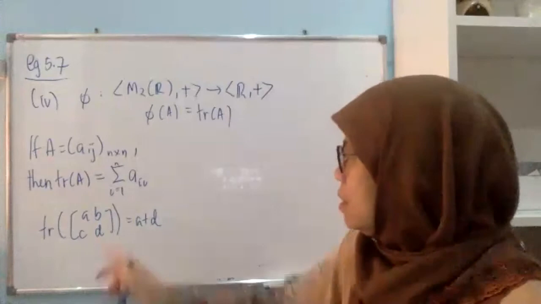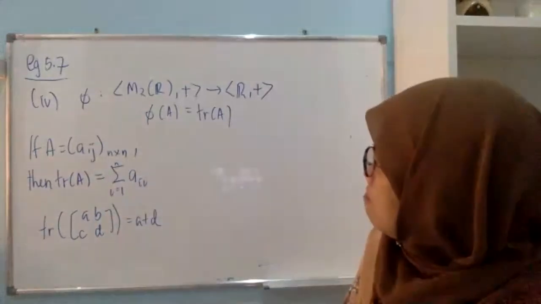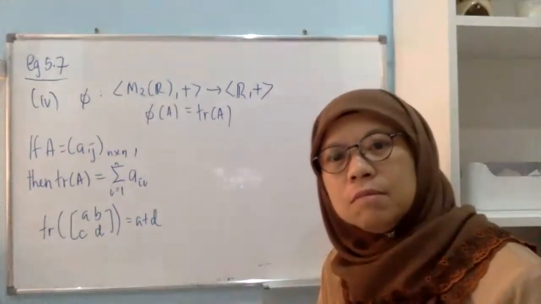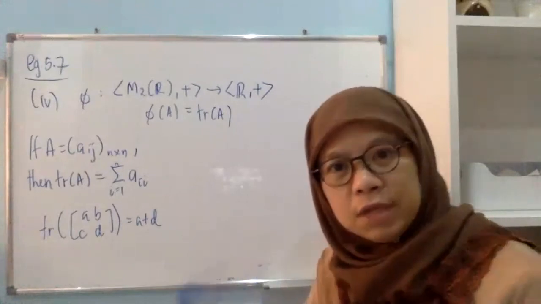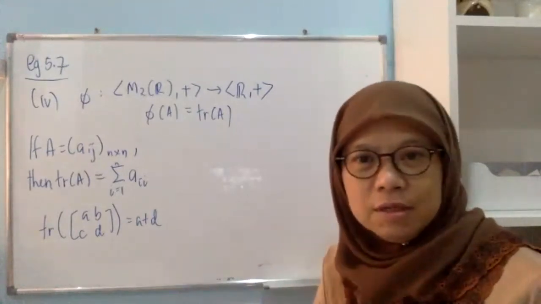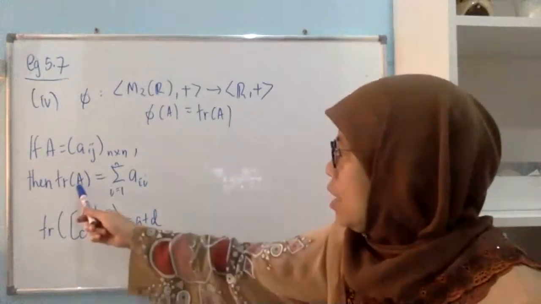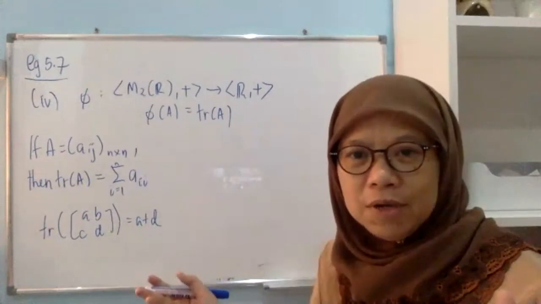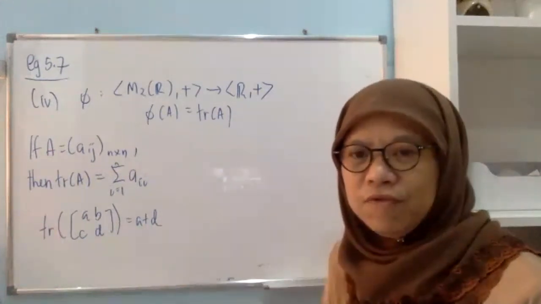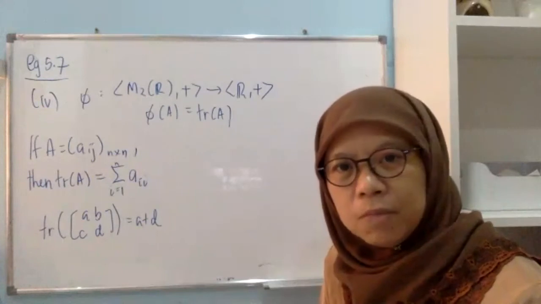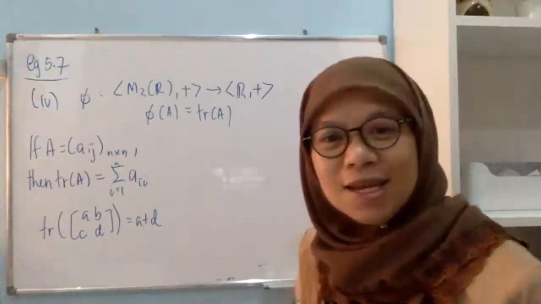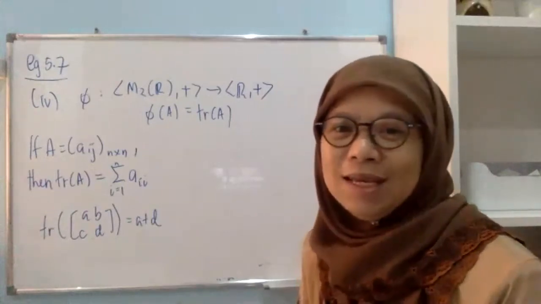That's the sum of the diagonal. So the trace of a sum is the sum of the traces. It's very easy to show, right? You take A plus B, you can just separate, right? You add and then you take the trace of that. So it's a homomorphism.